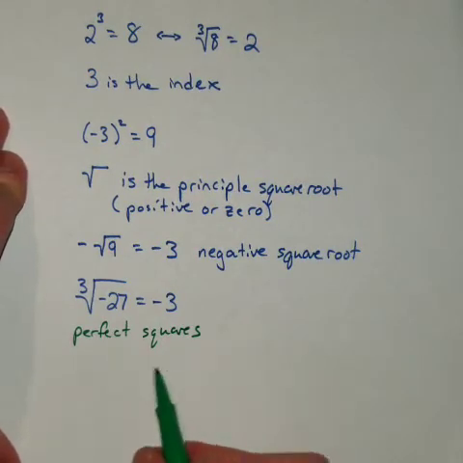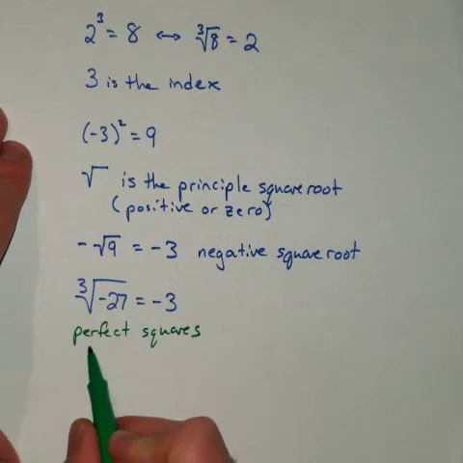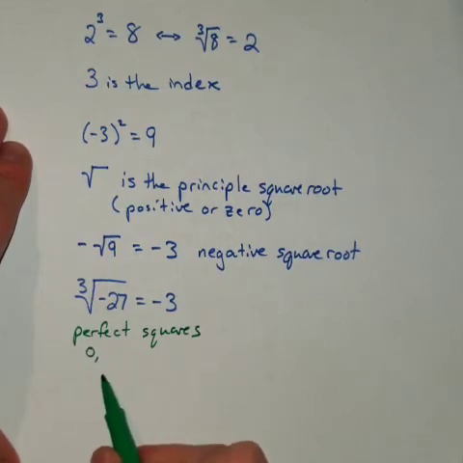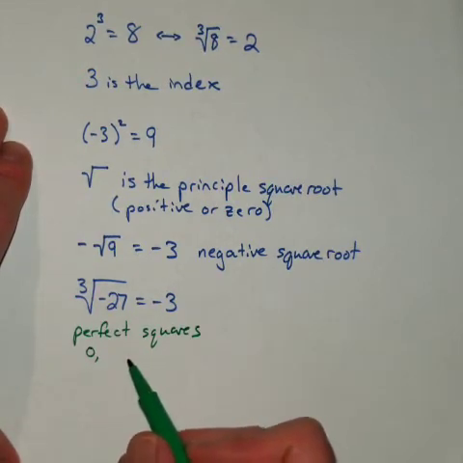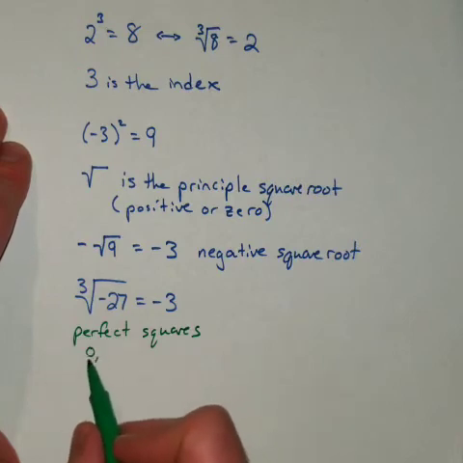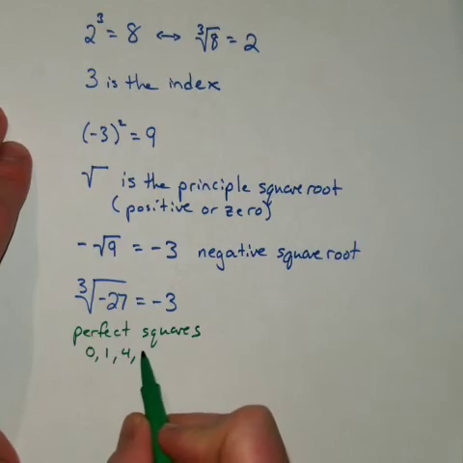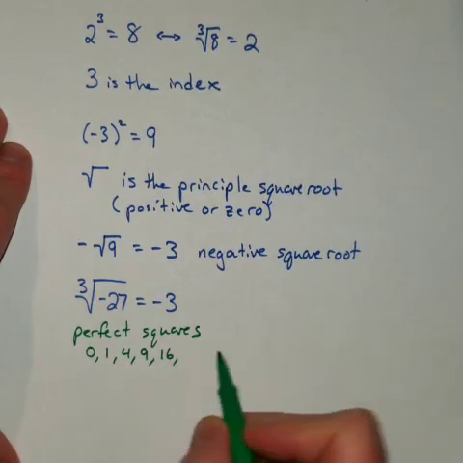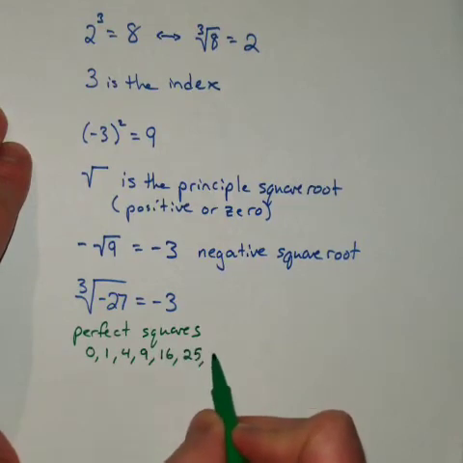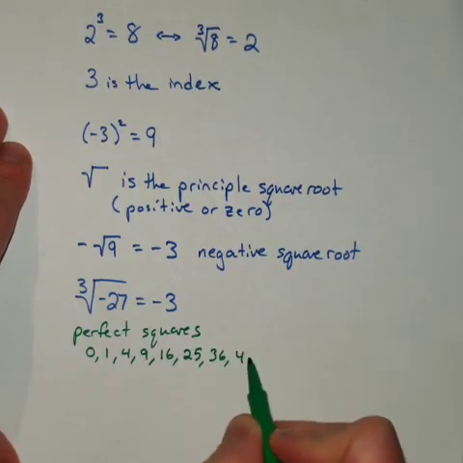I'll give you a quick list. 0 squared is 0, and it's always a number that's a square of another number. So 0 squared is 0, 1 squared is 1, 2 squared is 4, 3 squared is 9, 4 squared is 16, then you get 25, 36. I'm going to just run these out.